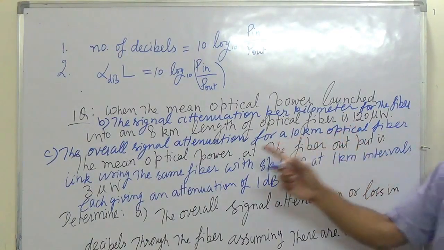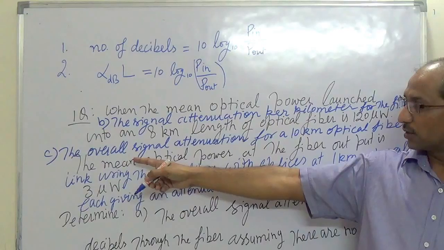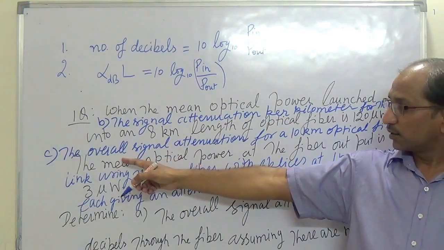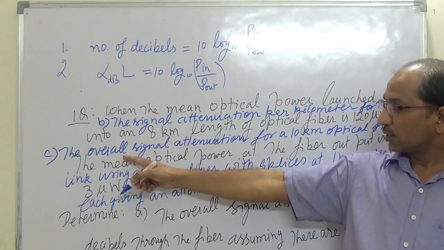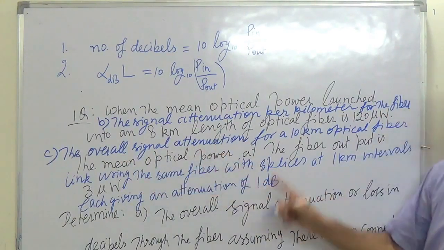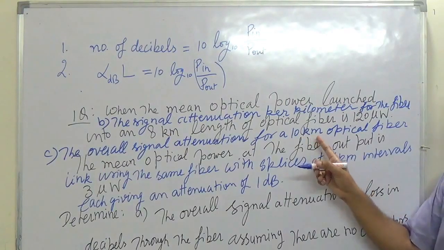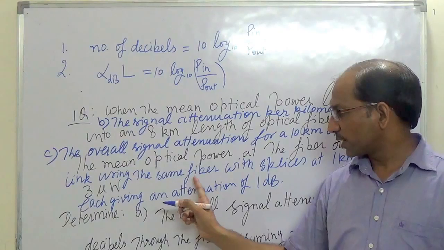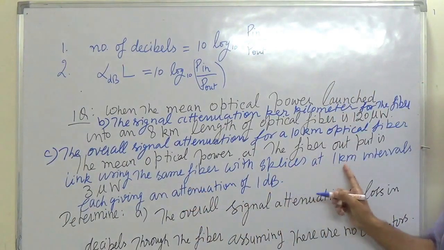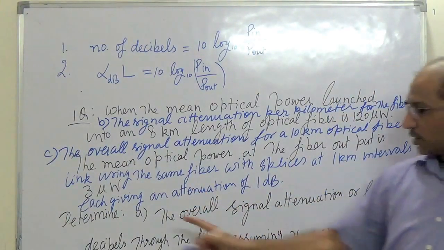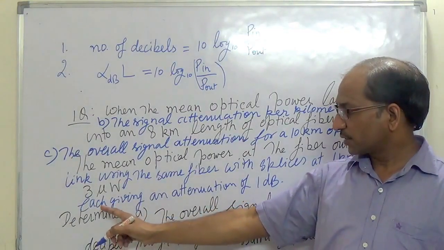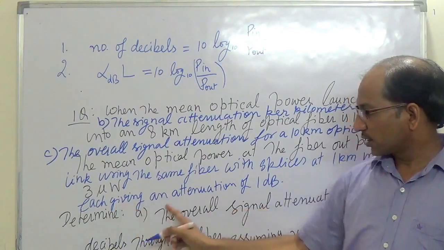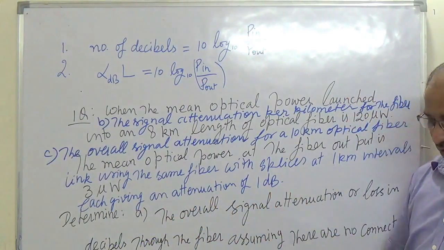So this third part is this one. Here they ask in the question the overall signal attenuation for a 10 kilometer optical fiber link using the same fiber with splices at 1 kilometer intervals, and each splicer at 1 kilometer giving an attenuation of 1 decibel.